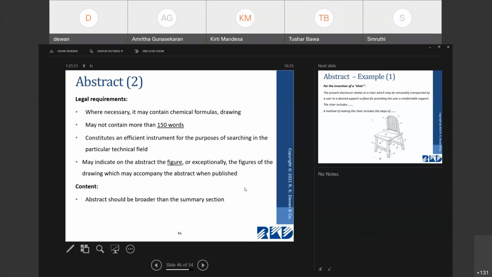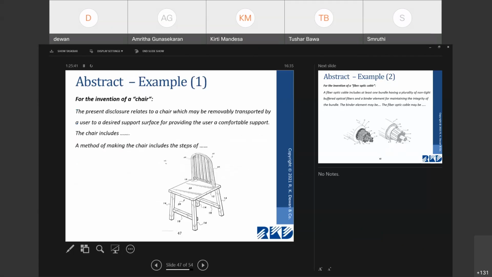As we discussed earlier also, this abstract should be broader than the summary section. So let's take the example of the chair that we have been talking about.